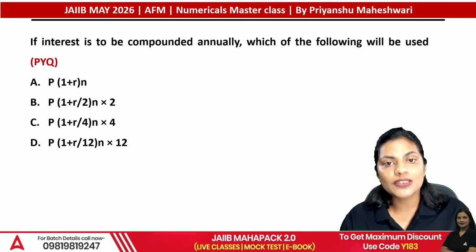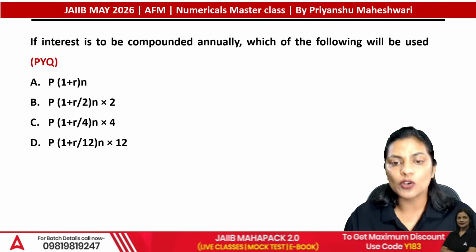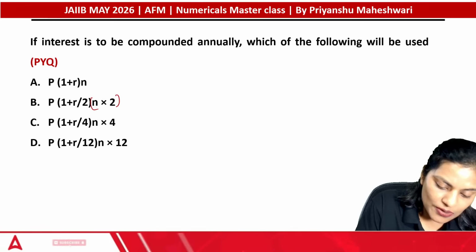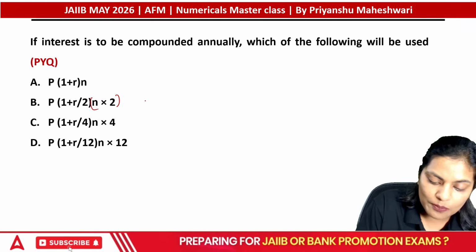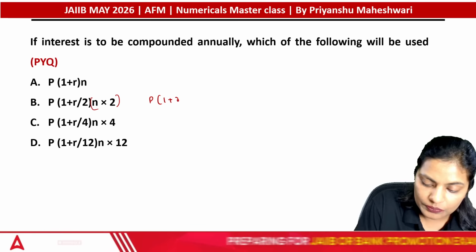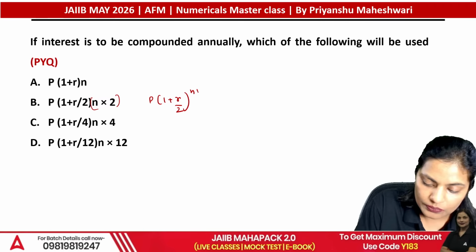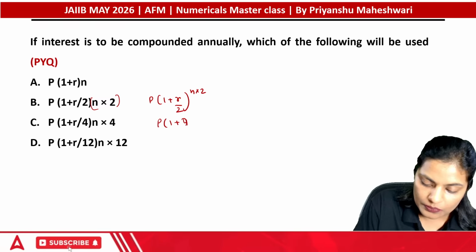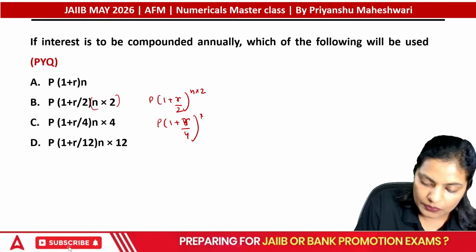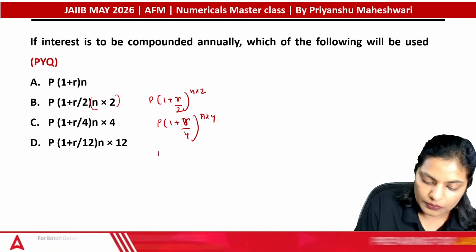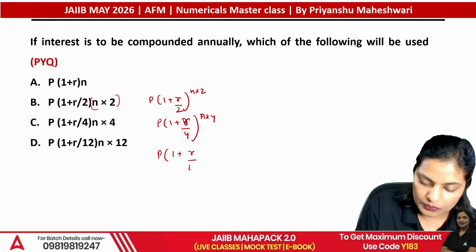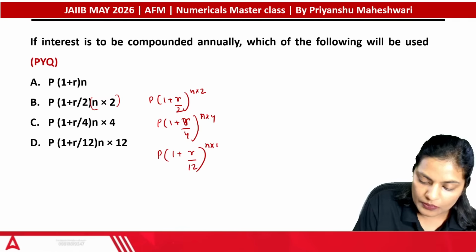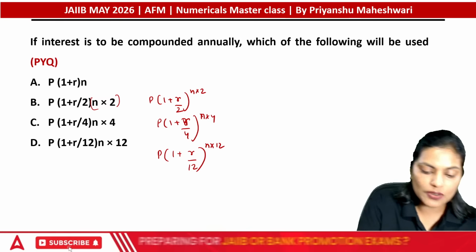Now, if the interest is to be compounded annually, which of the following will be used? This power wala thing is wrong, right? So, if you want, I'll write it properly over here. Right, it is like this, and this is also n.